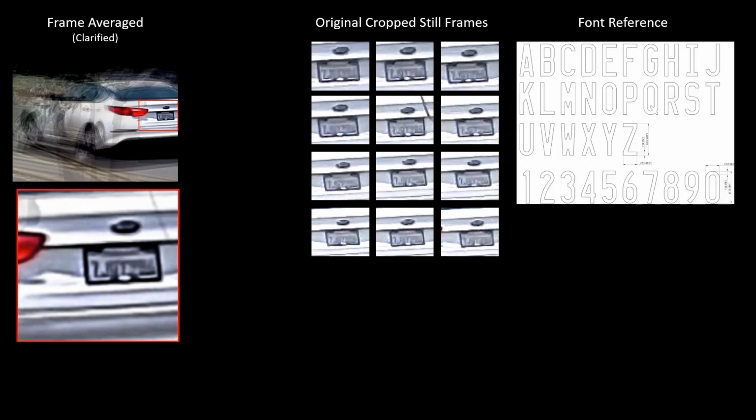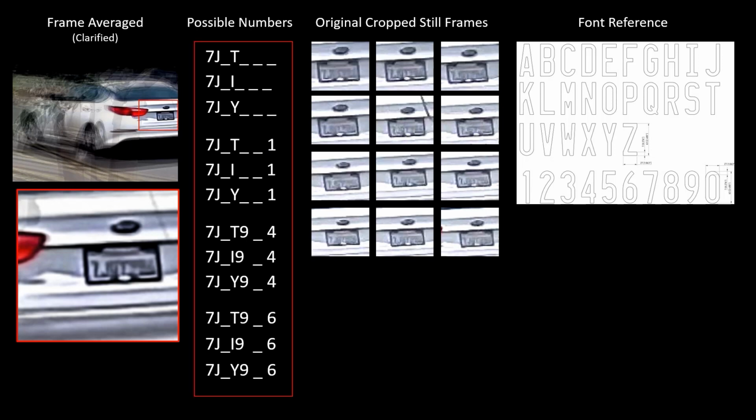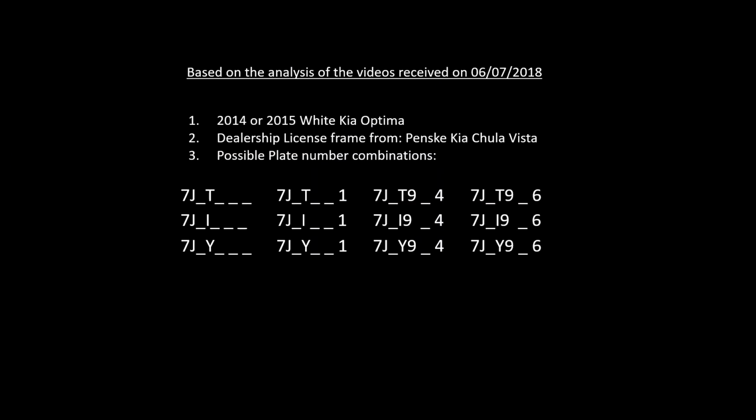Beside that, I placed a font reference, and from there I studied the images, and based on the shapes and negative space as compared to known fonts, I came up with this list of partial numbers and number combinations. Based on my analysis, I suggested that they were looking for a 2014 or 2015 Kia Optima with a dealership license frame from Penske of Chula Vista and a list of possible plate number combinations.